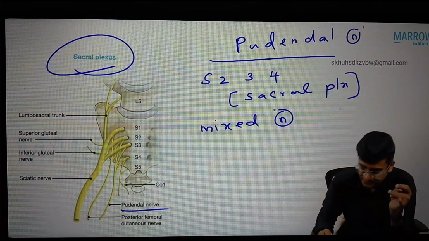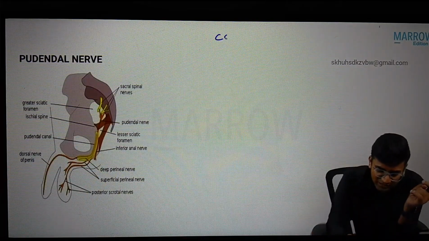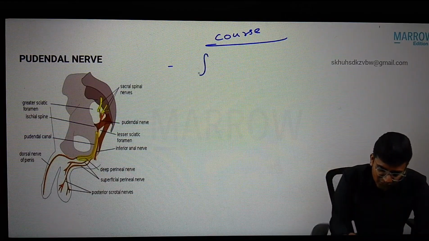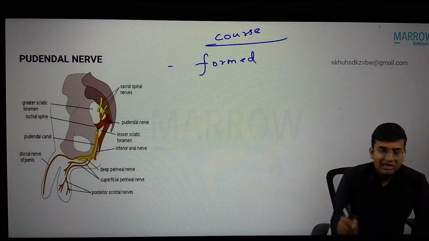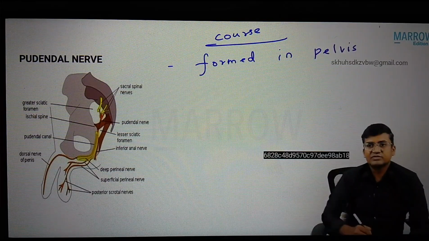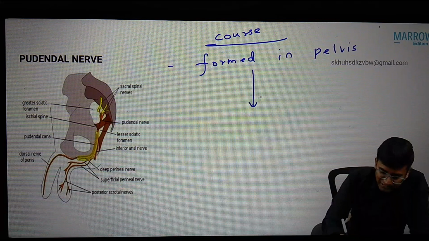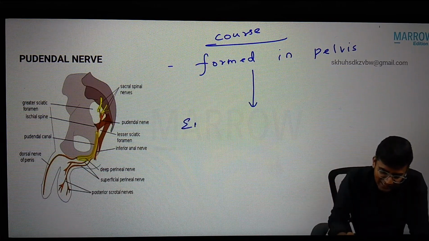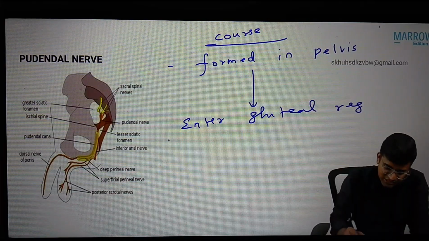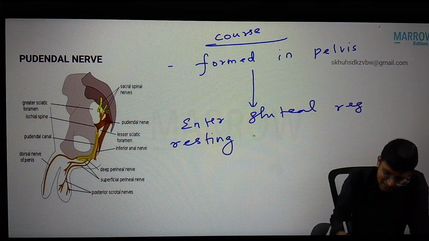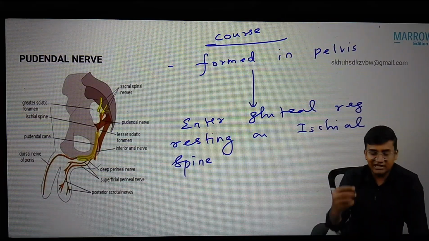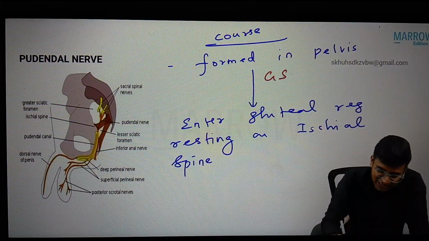Now, what is the course of the pudendal nerve? The nerve is formed in the pelvis as a branch of the sacral plexus. Now, the nerve leaves the pelvis and enters the gluteal region, resting on the ischial spine via the greater sciatic foramen.